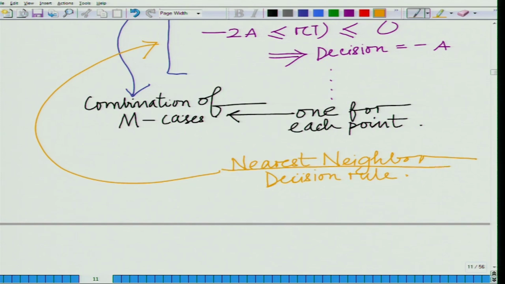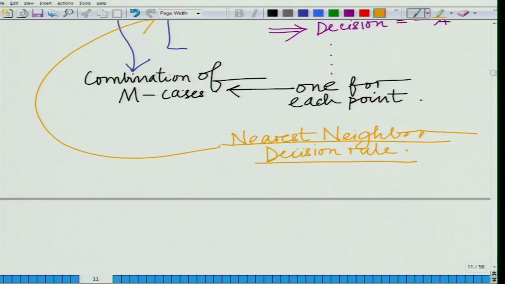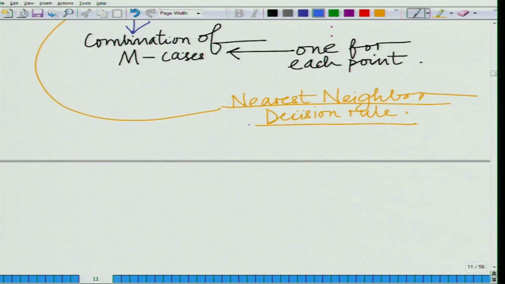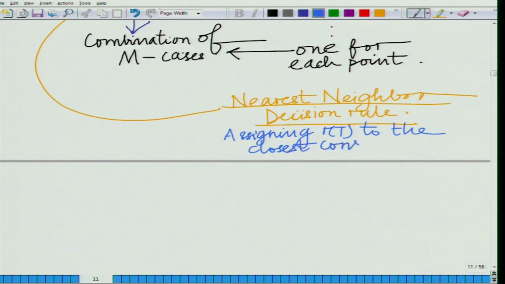This is a very important criterion: we are assigning RT to the closest constellation point.